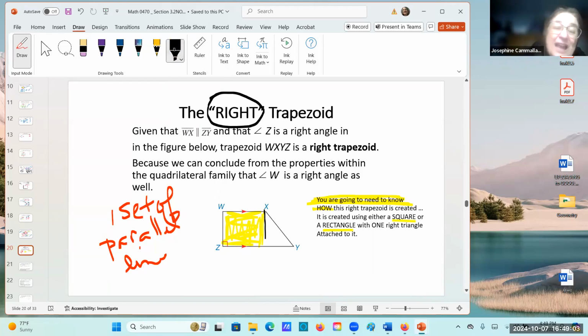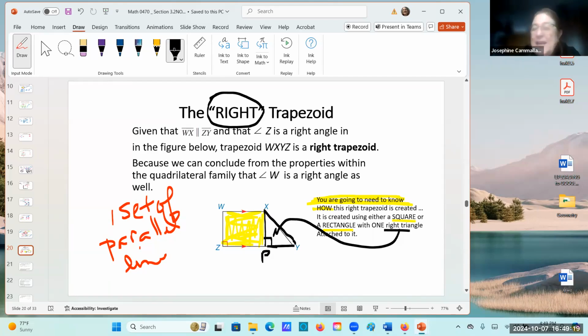And I'm going to draw a line from X to P. This black area is my right triangle. The right trapezoid is created.